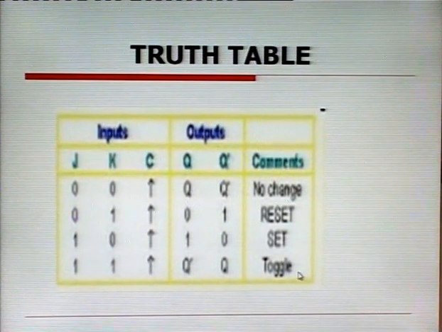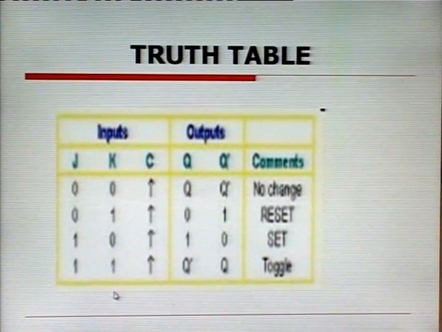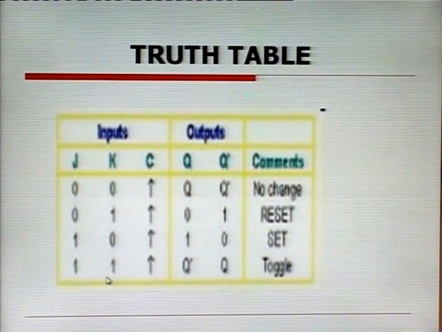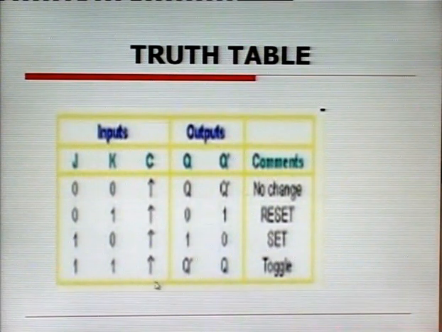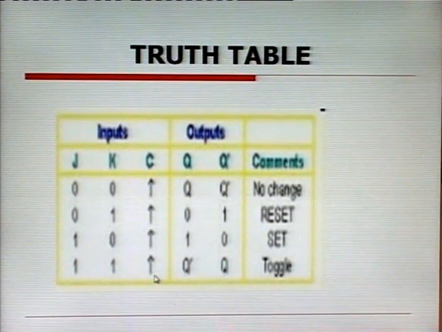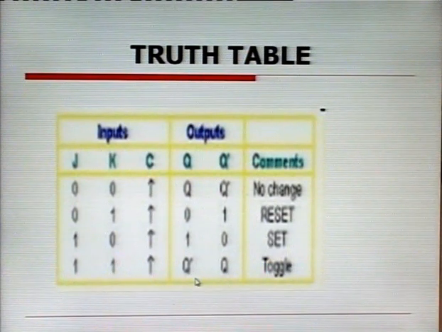When we want to keep a flip flop in toggling mode, we make both inputs of the flip flop 1, and on arrival of every clock pulse there is a toggling in the output, that is, a change of the state of the output.